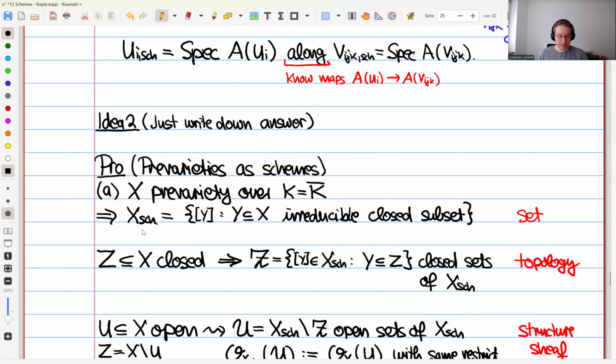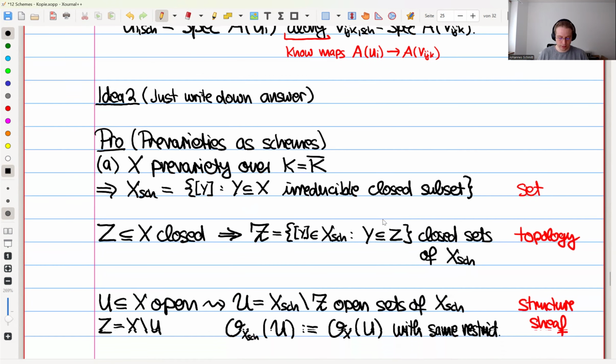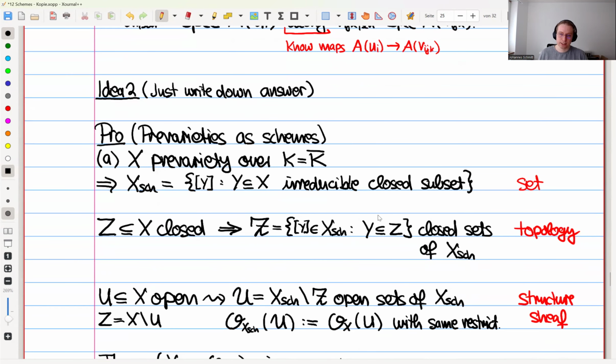So X scheme as a set will have a single point, which we denote by [Y], for Y any irreducible closed subset of the pre-variety X. This is the scheme on the level of sets.